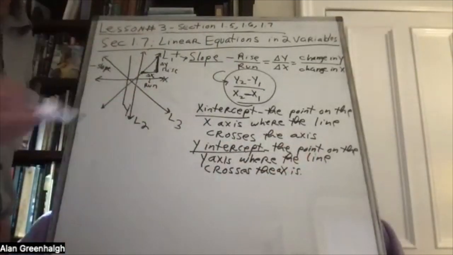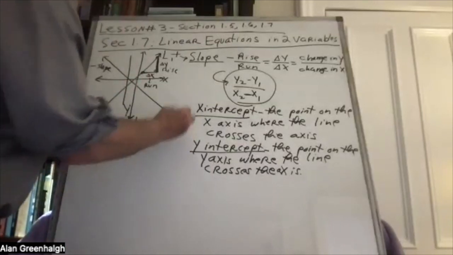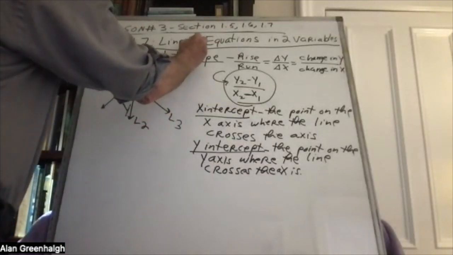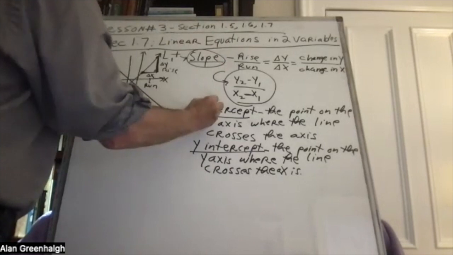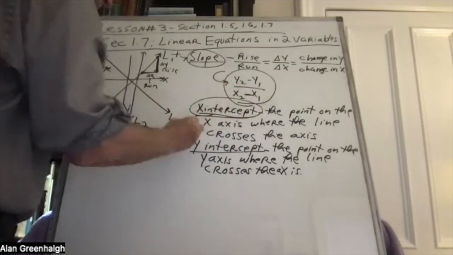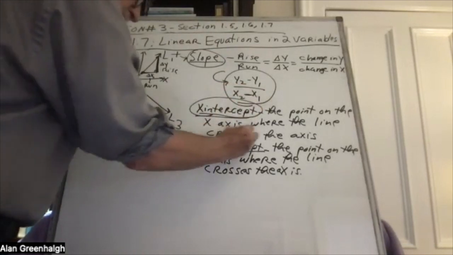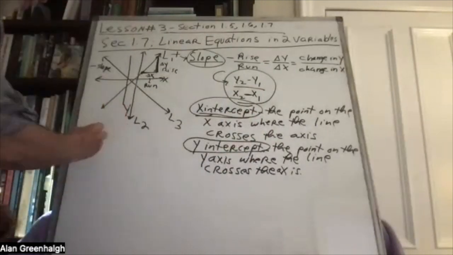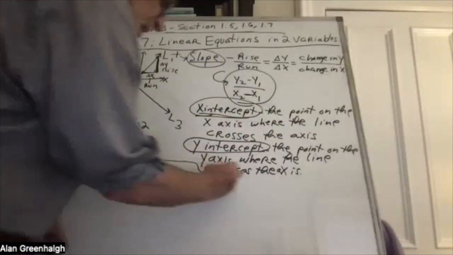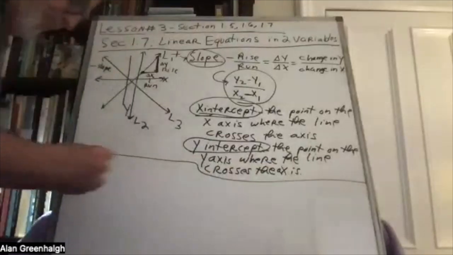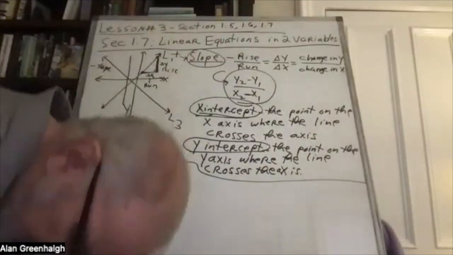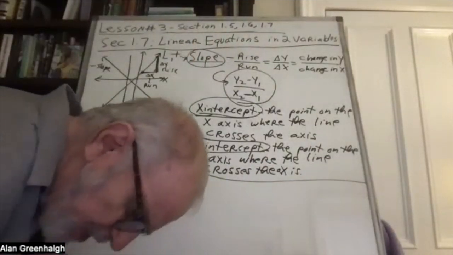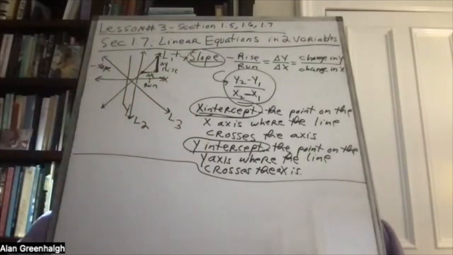These are the three main things that we're going to be focusing on: slope, x-intercept, and y-intercept, not just in relation to what we're going to now be doing, but in general, throughout the semester, we're going to be focusing on these three aspects of a straight line.